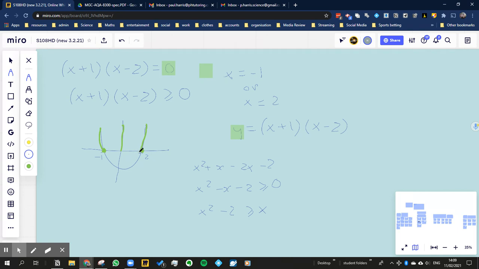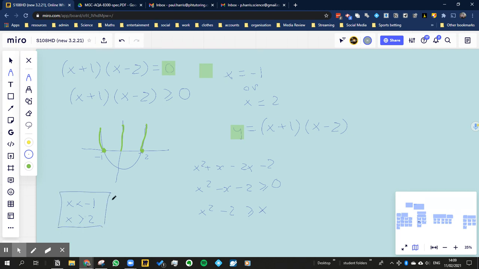And so therefore, the values of x that y would be greater than 0 is any value less than minus 1 in this case. So x is going to be less than minus 1, or x could be greater than 2. So that would be the solution to the problem.